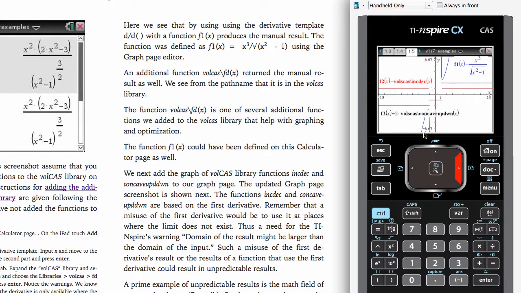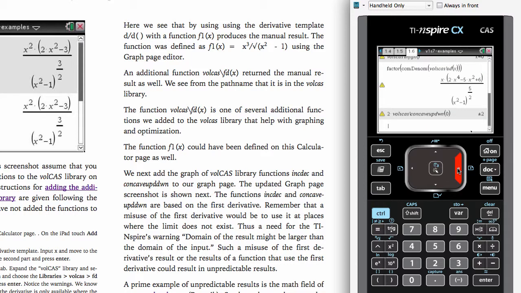And this function is quite complex to graph. The x cubed over x squared minus 1 is graphed in there. Let's go to the next page. And on the next page, we're going to see some work with this function.